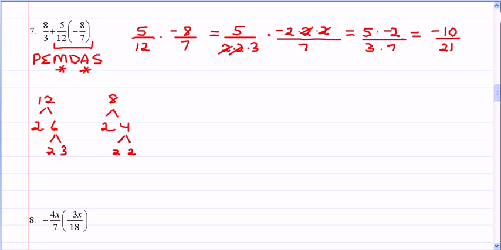So this is not the answer because we had an 8/3 in the beginning of the problem. We want to take 8/3 and add it to negative 10 over 21. So I know that 3 times 7 is 21, but just to confirm I have to find a least common denominator. So I start writing out multiples of 3.